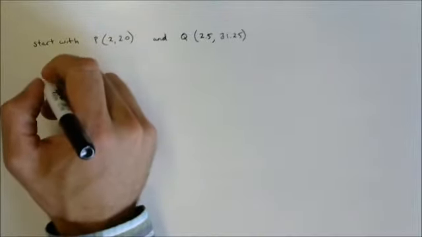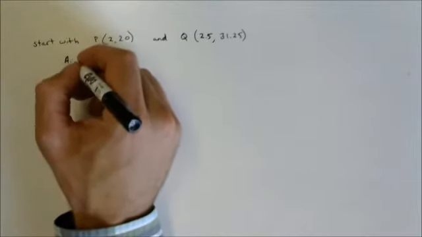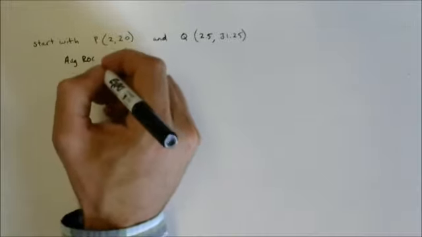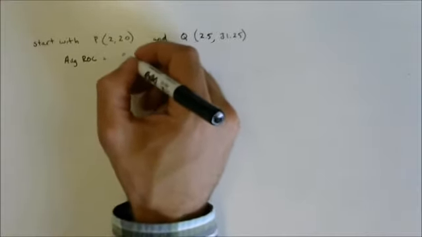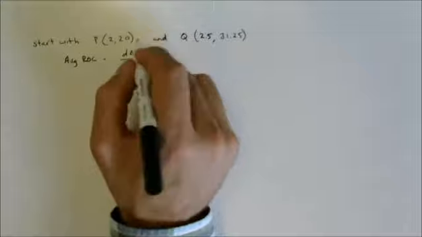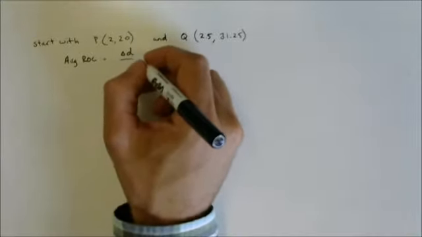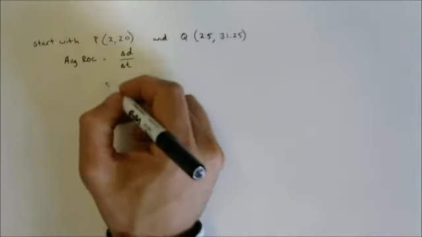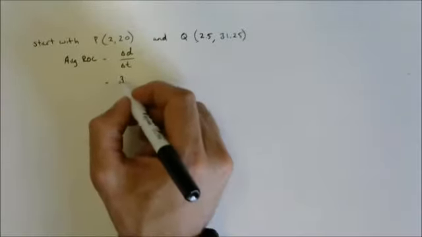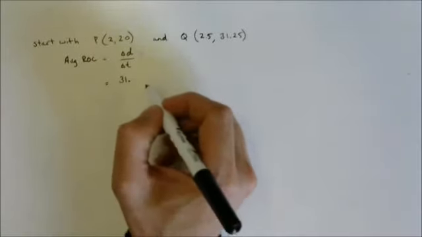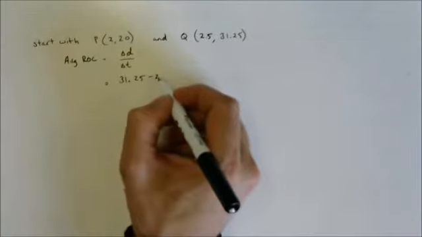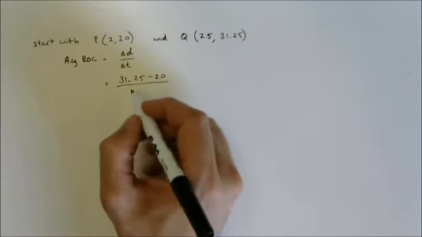And from there, we can get our average rate of change, which is simply the change in D over the change in T. Plug in what we know. The distance changes from 31.25 minus 20.